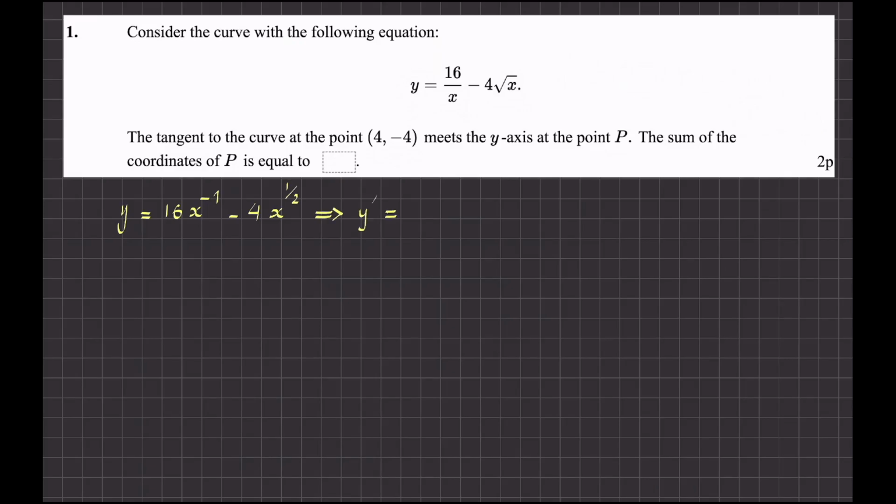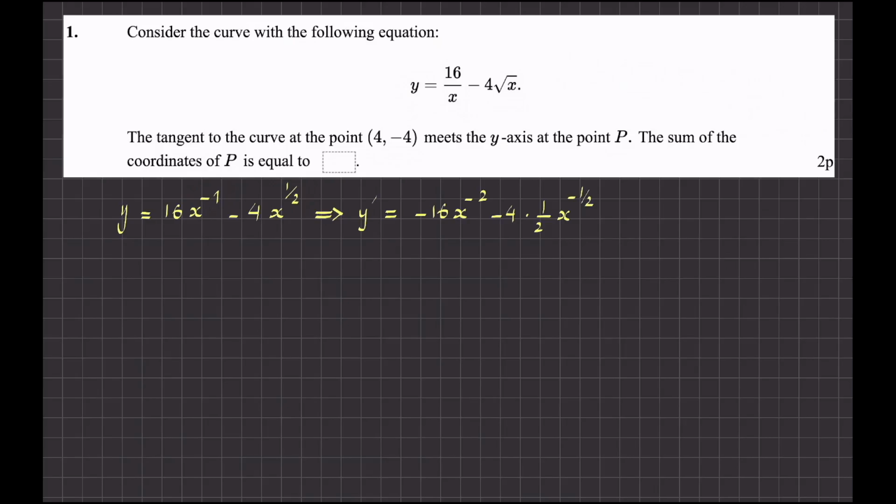For differentiating this one, -1 goes down, so this becomes -16, and the exponent becomes 1 unit less, which is -2. So it becomes -16 x to the power -2. And for the next one, -4, 1/2 goes down, so it becomes times 1/2 x to the power of 1/2 minus 1. 1/2 minus 1 is -1/2.